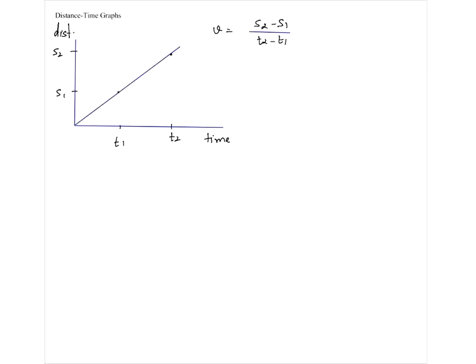In that case, distance-time graph can look somewhat like parabola, half parabola type. Distance versus time. But you cannot talk about speed in this manner because it is not a constant speed.